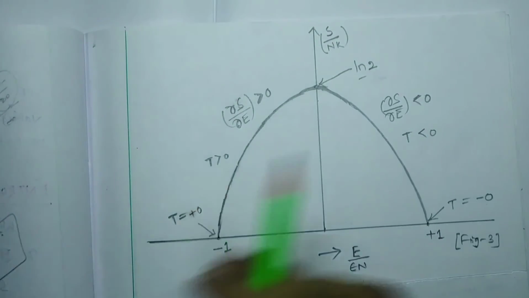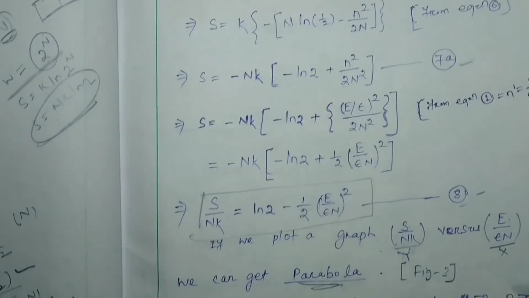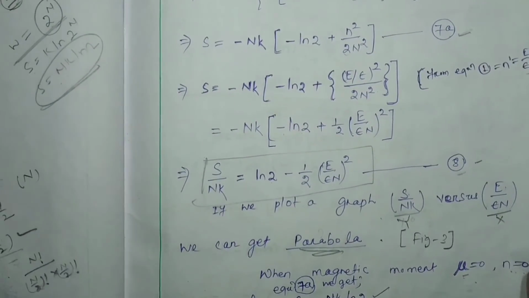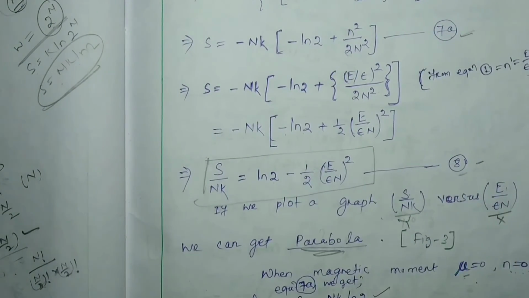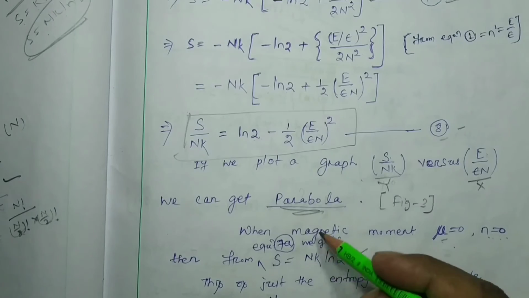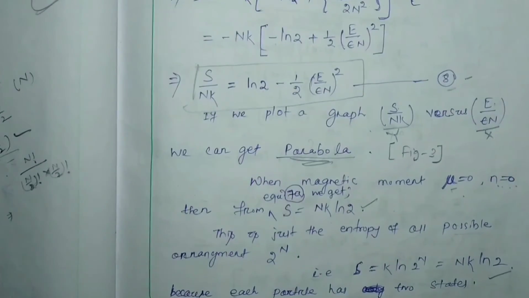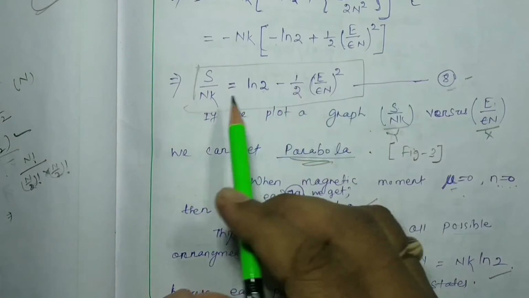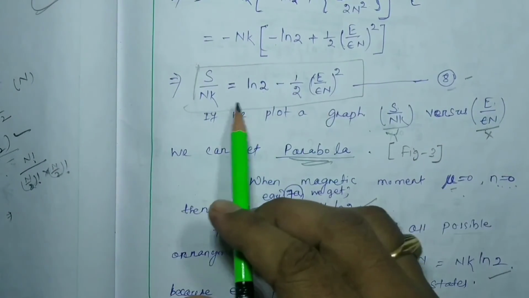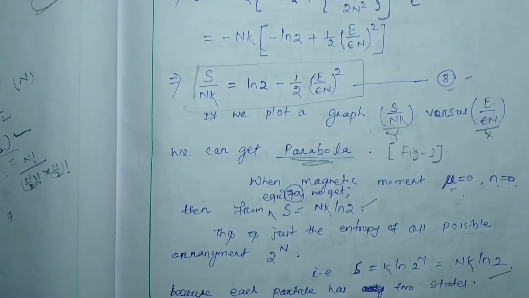So it will give you one parabola. I am going to explain how it will be. Wait, first these few lines we have to discuss, then I will explain how this equation represents that parabola.